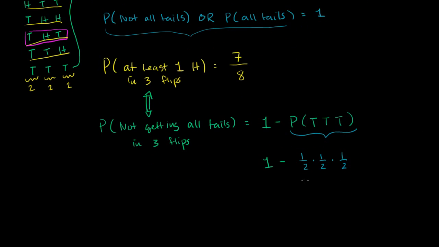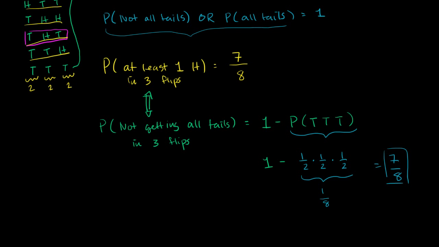And then 1/2 times 1/2 times 1/2 is 1/8. And then 1 minus 1/8, or 8/8 minus 1/8, is going to be equal to 7/8.